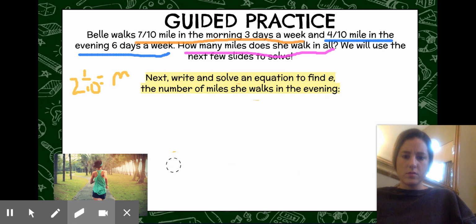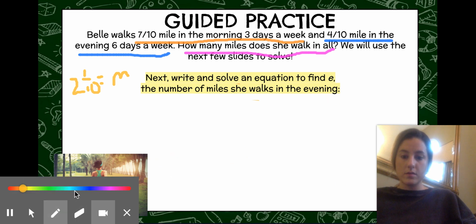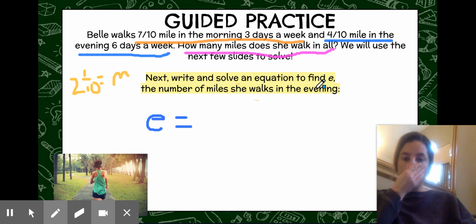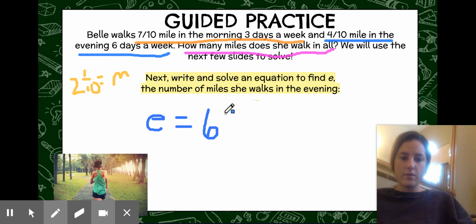Okay, so let's see what's next. Coordinating my colors. Next, write and solve an equation to find E, the total number of miles she walks in the evening. So E equals, okay, she walks 6 days a week for 4/10 of a mile in the evening.